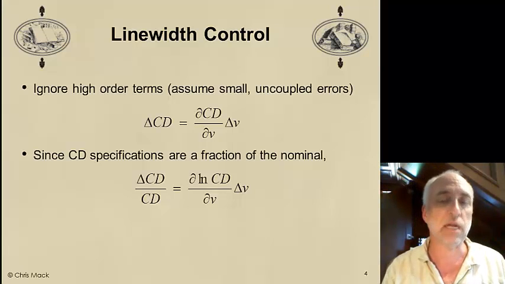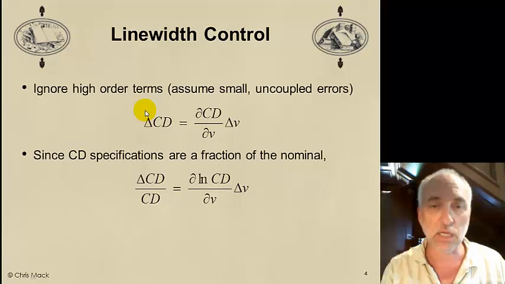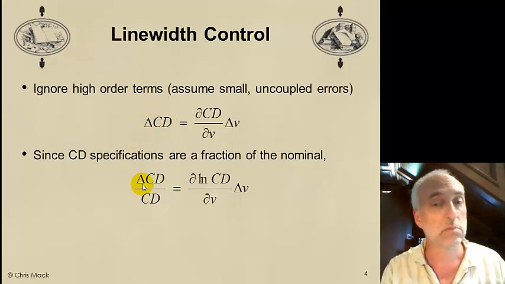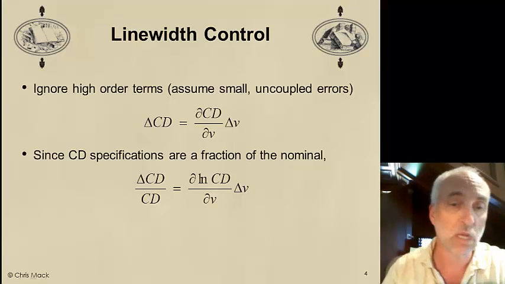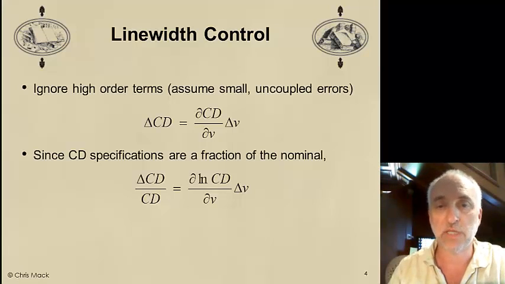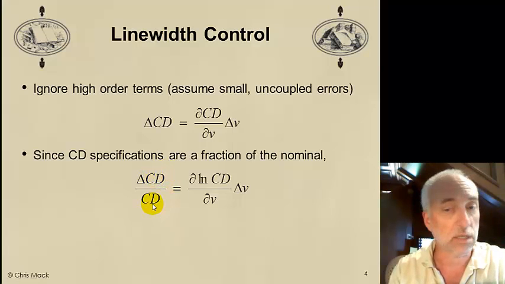So instead of worrying about delta CD, what's really important in general in lithography is relative CD errors, delta CD divided by the CD. If I simply divide both sides of the equation by CD, I get delta CD over CD, and I can turn my derivative into the derivative of the log of the CD.